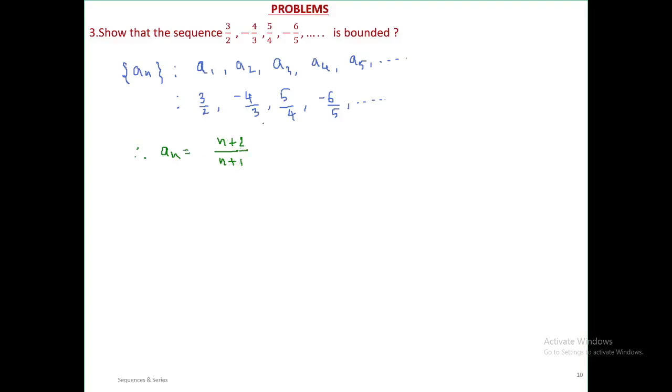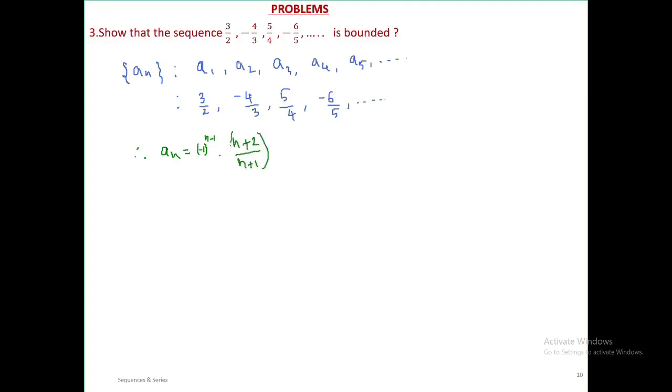What I want here is, if I substitute n is 1, you should get positive 1. So minus 1 whole to the power of n minus 1. Let me write this clearly: minus 1 whole to the power of n minus 1, times n plus 2 by n plus 1.